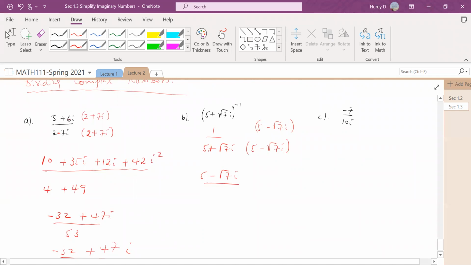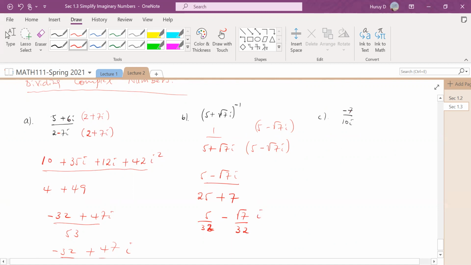And on the denominator side, when you multiply two conjugates, you get 25, and that is plus 7. And here we have 5 over 32 minus root 7 over 32 i.